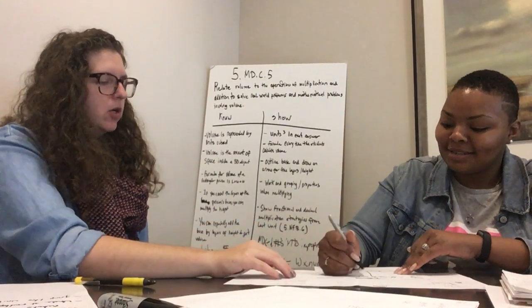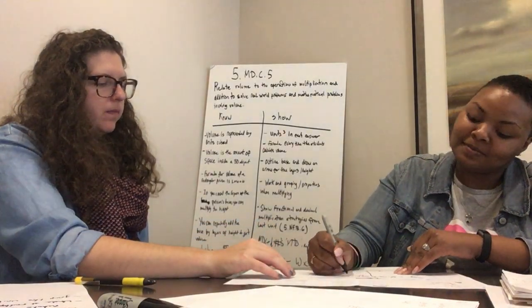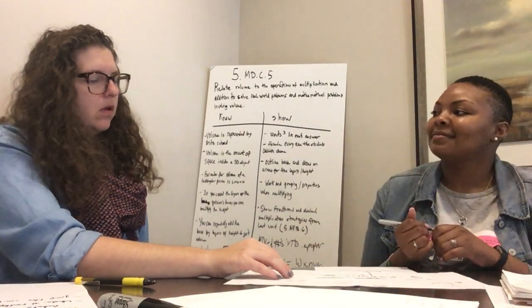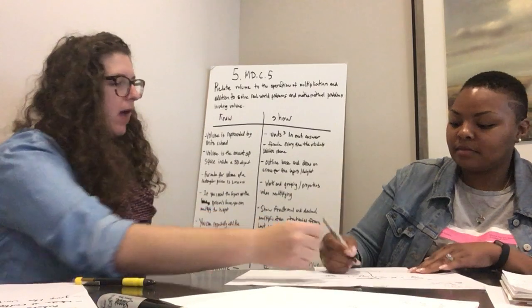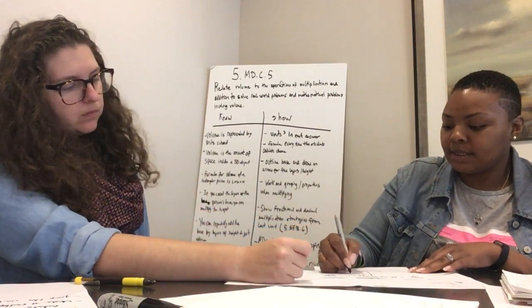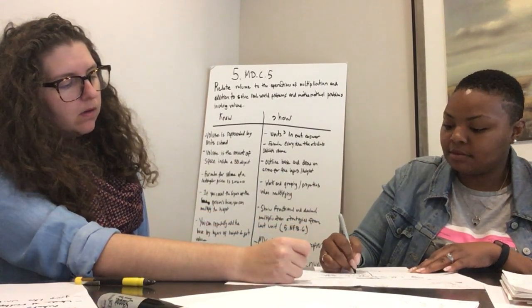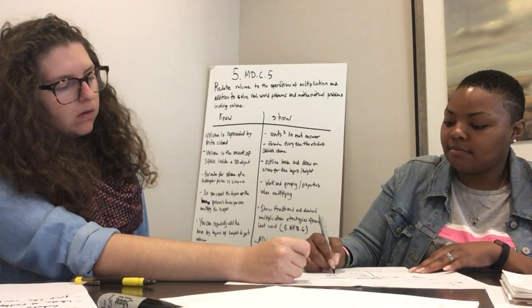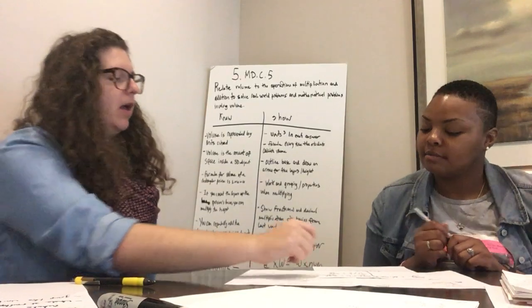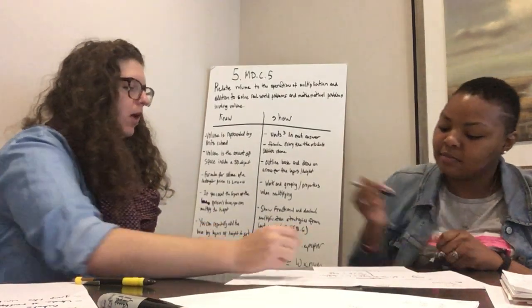Show that right now on your chart the error. Okay, no, but it would be he multiplied the top by 6 and he multiplied the bottom by 6. So show that. So 6 and then, yes. Got it. And okay, I want you to draw this fraction line like we do.